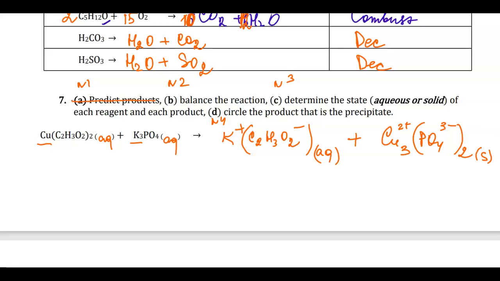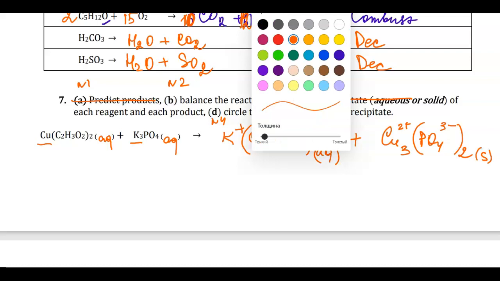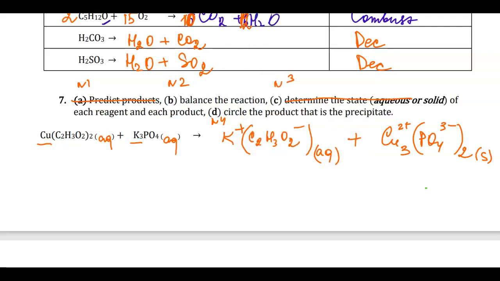Balance the reaction, not done yet. Determine the state, aqueous or solid, we did that. Done. Circle the product that is the precipitate. Let's do it with a different color. I like green, for example. Green, right? Circle it. Okay.